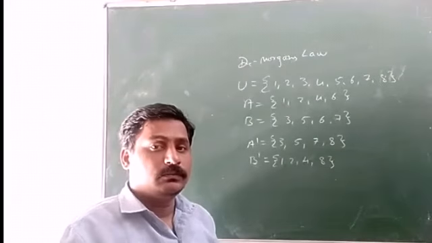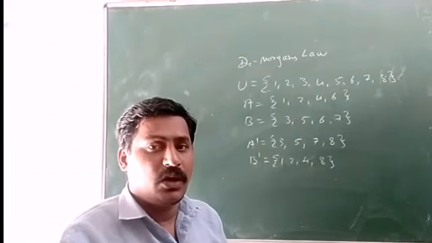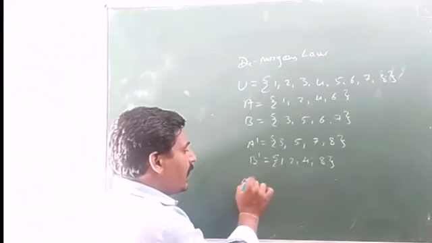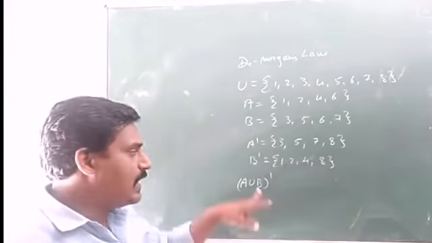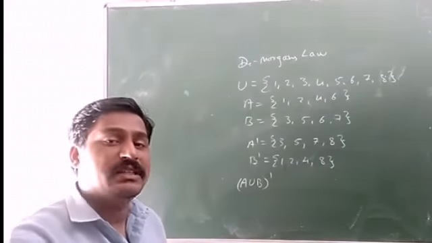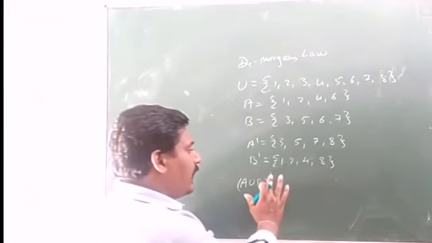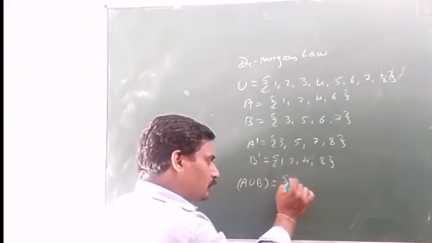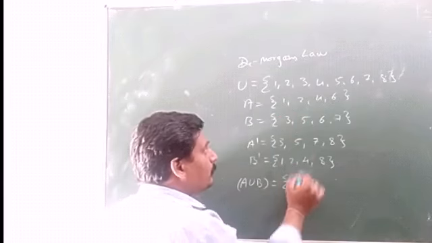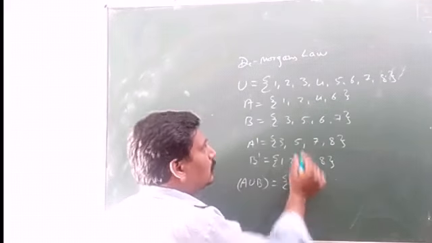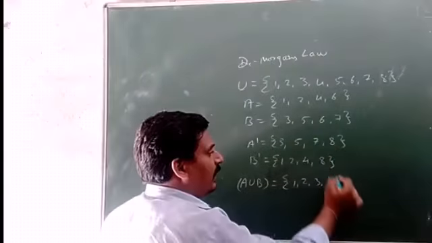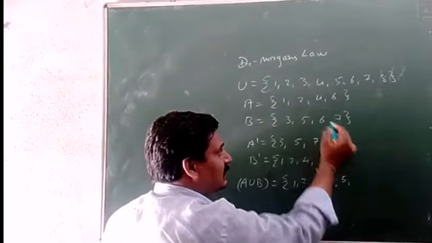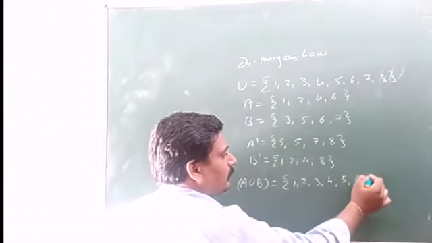Now, what does De Morgan's law tell here? (A union B) dash. Let us write first A union B. So A union B is equal to 1, 2, 3, 4, 5, 6, 7.